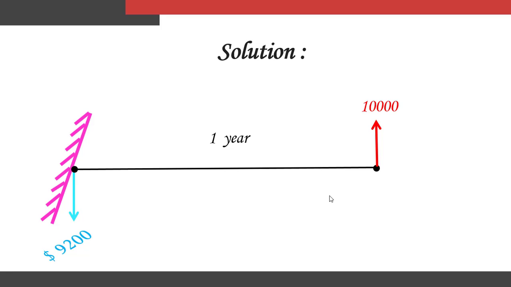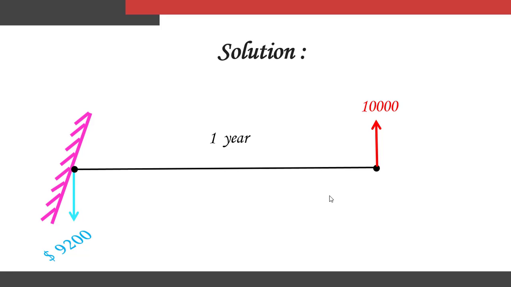So now the expenses equal $9,200, and we expect to earn $10,000 after 1 year. So the cash inflow after 1 year will be equal to $10,000.